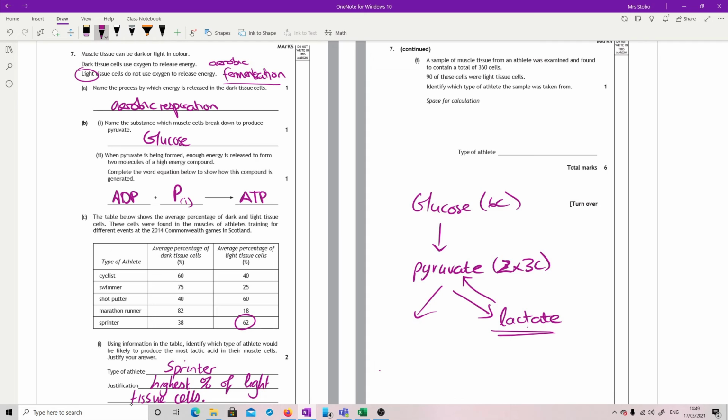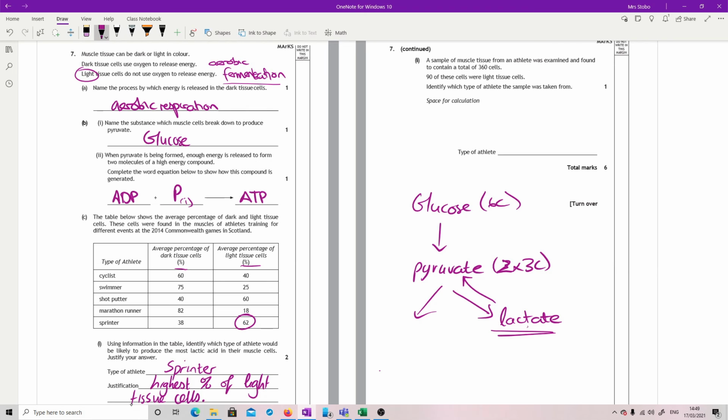Okay. A sample of muscle tissue from an athlete was examined and found to contain 360 cells. 90 of these cells were light tissue cells. Identify which type of athlete the sample was taken from. Right, this is all given as percentages. And what I've got is 90 out of 360.